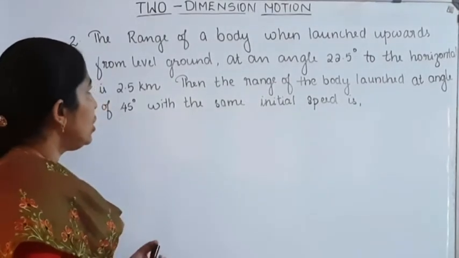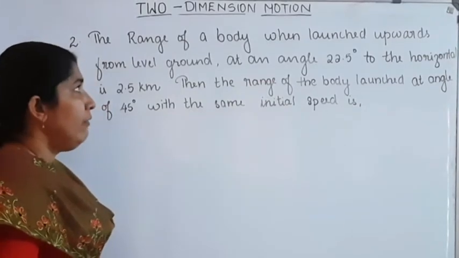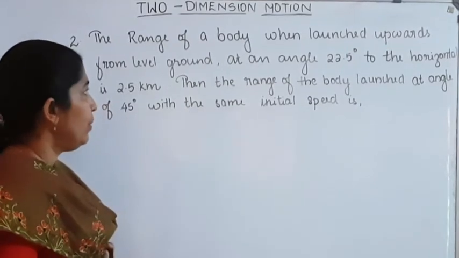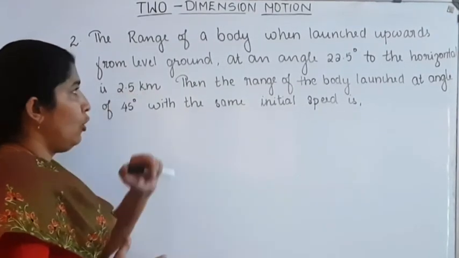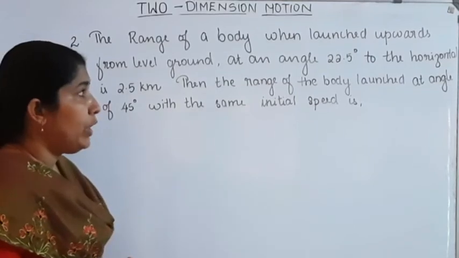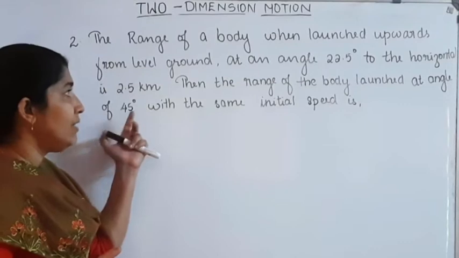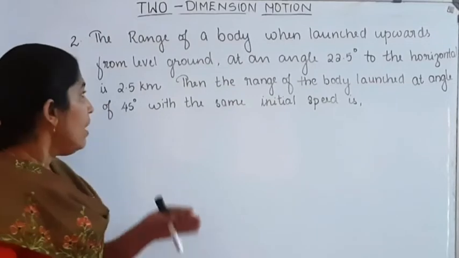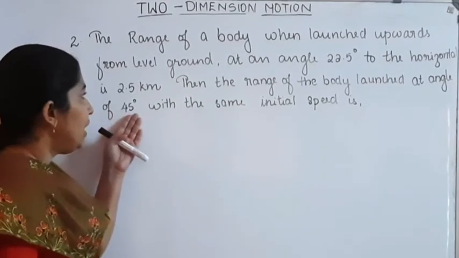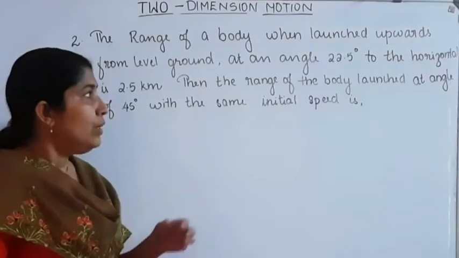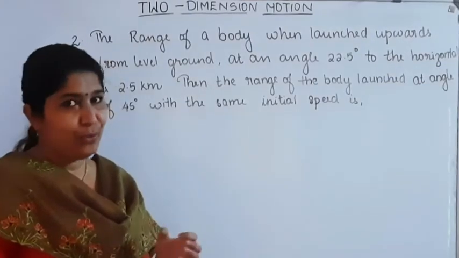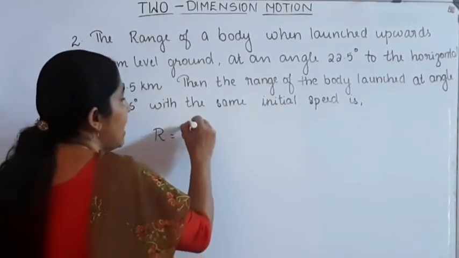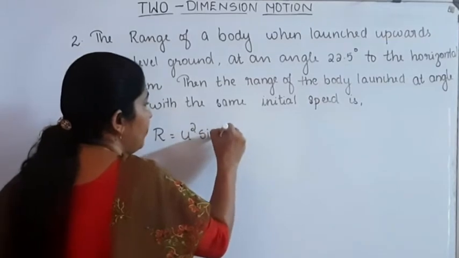What is the range of the body when launched at an angle 45 degree with the same initial speed? To solve this problem, we can write the equation for the horizontal range. Horizontal range r is equal to u square sine 2 theta divided by g.